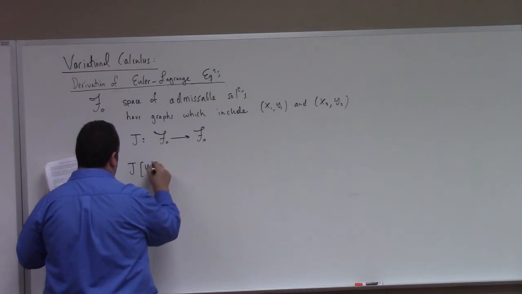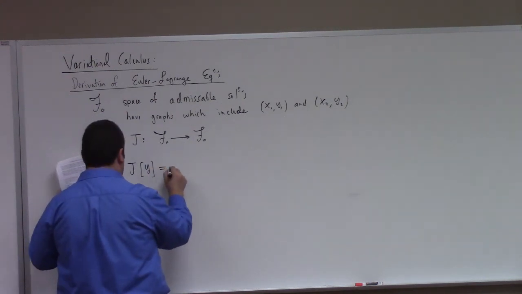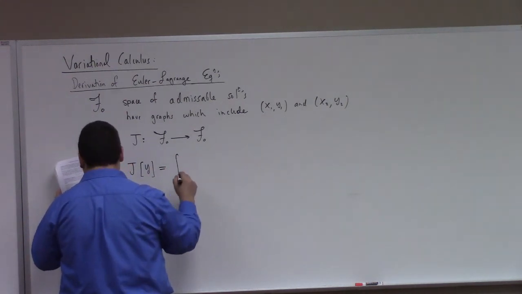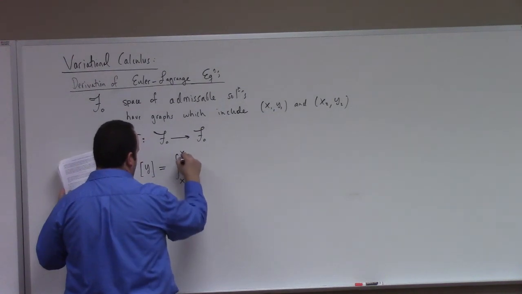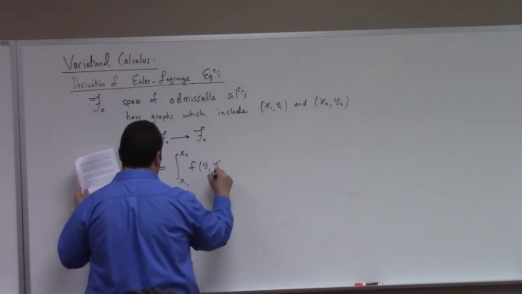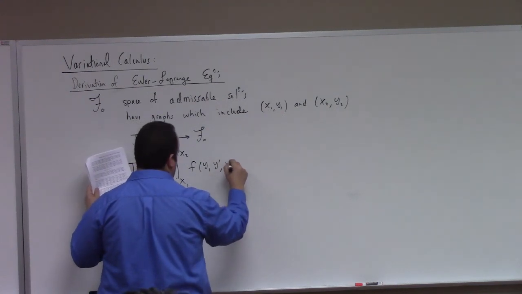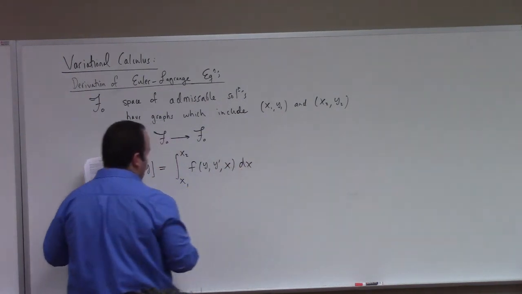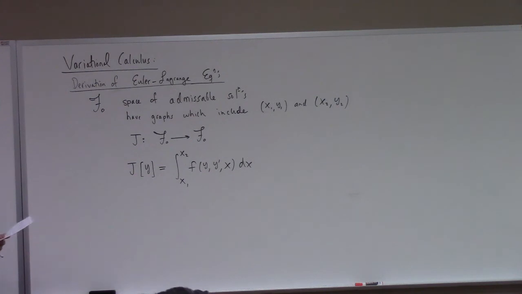So J of y, square brackets, because y is a function, is the integral from x1 to x2 of f of y, y prime, and x. We're going to assume that this Lagrangian depends on the function, its derivative, and possibly its independent variable. So here we suppose that f is given, but y is a variable.